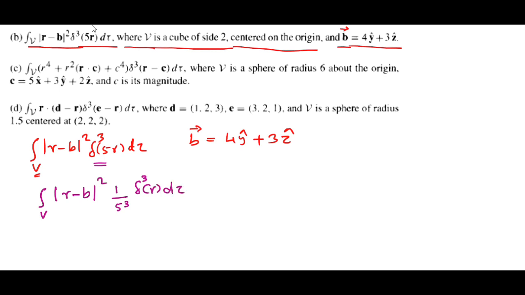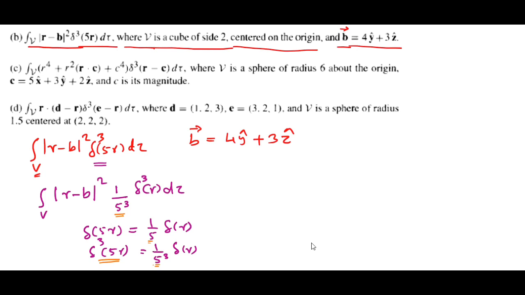If it was delta 5r, then the answer will be 1 by r delta r. Since it is a delta cube 5r, I have to take 5 cube delta r. That should be very careful. The students make the mistake here. Simply they will take 5 instead of 5 cube in the case of delta cube. Therefore, this should be 5 cube, not 5.